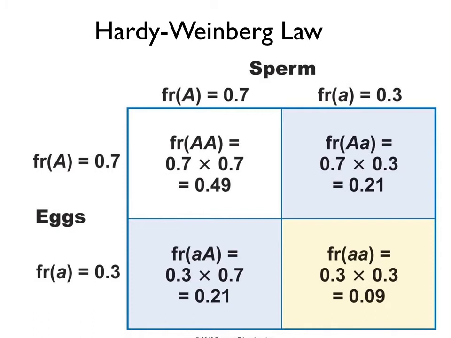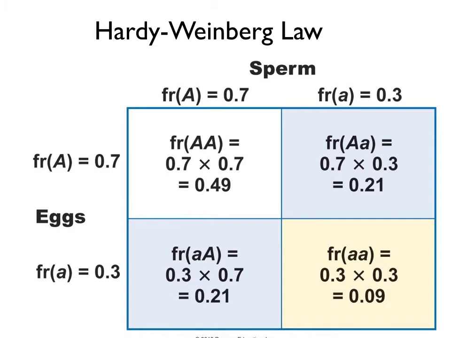So 70% of the copies of the gene in the population are the dominant A, 30% are the recessive a. And that means 70% of the sperm will have the dominant A, 30% of the sperm will have the recessive a. Same with the eggs, 70 and 30%.